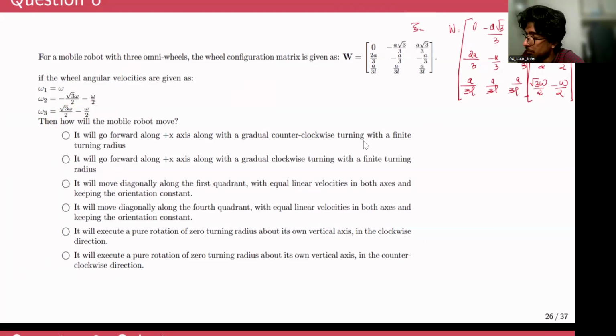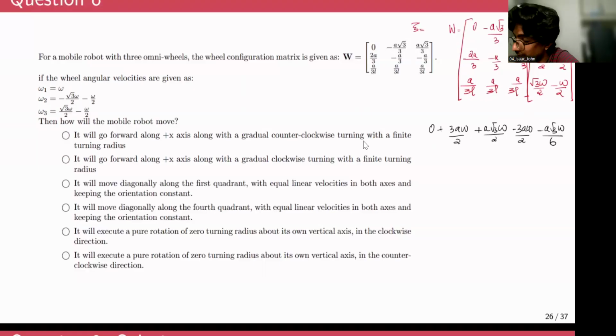And for that, you have to expand this matrix. You have to evaluate that matrix. So I'll do that quickly. The first entry would be 0 plus 3a omega by 2 plus a root 3 omega by 2 minus a root 3, minus 3a omega by 2 minus a root 3 omega by 6.